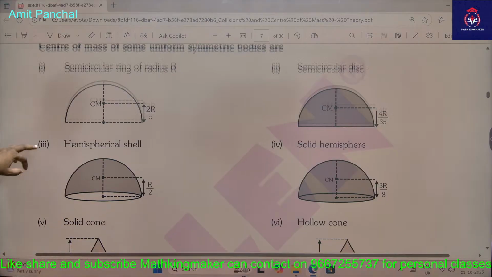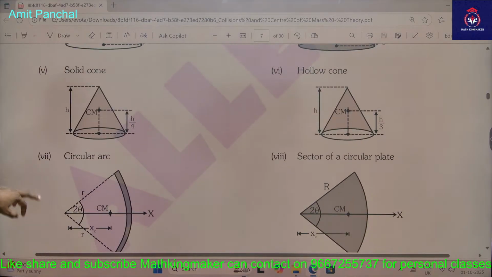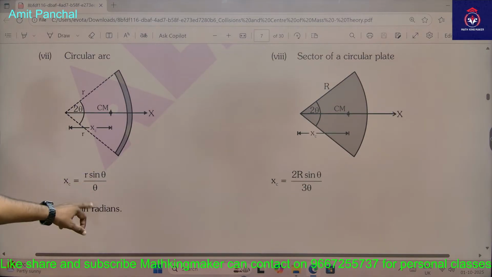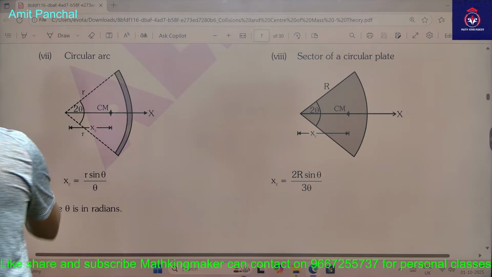But we are talking about a circular arc. So the center of mass will be r sine theta by theta. It is a simple formula, so we just put it in the formula.